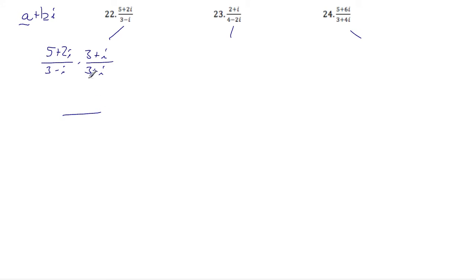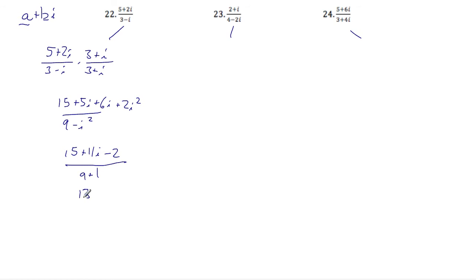For the denominator, we're going to have a difference of two squares, so we get 9 minus i squared. The numerator we just FOIL, so we get 15 plus 5i plus 6i plus 2i squared. Again, i squared is negative 1, so we get 15 plus 11i minus 2 over 9 plus 1.